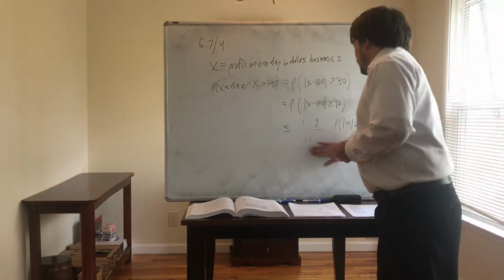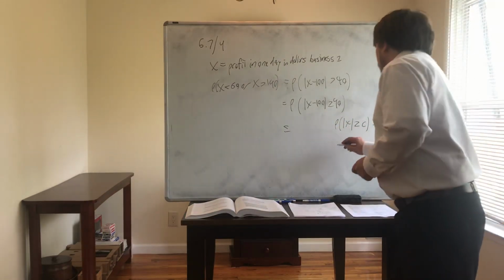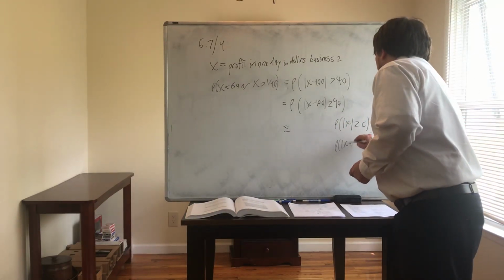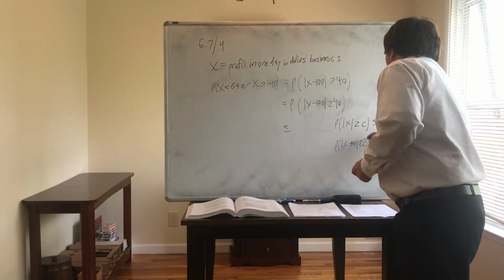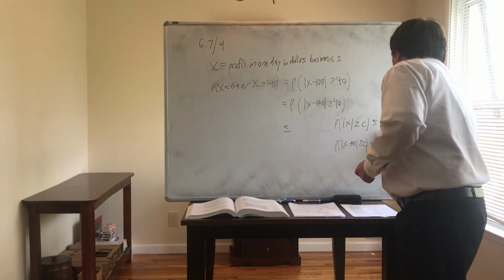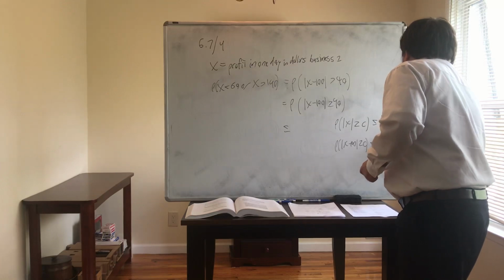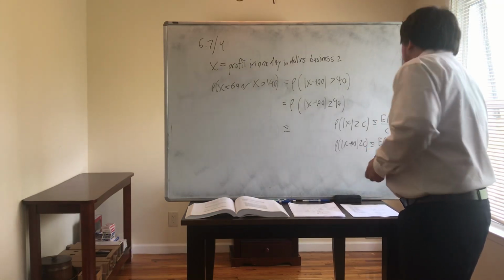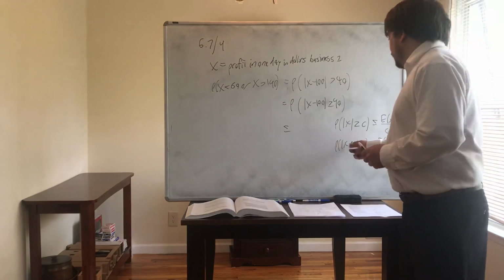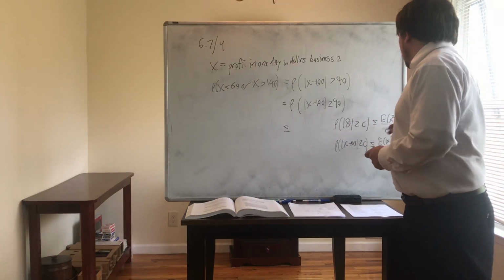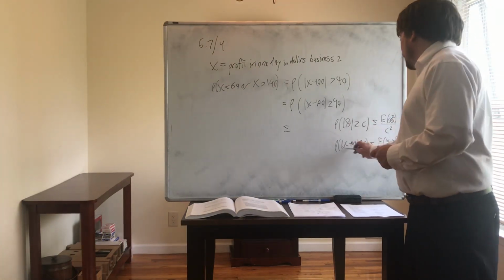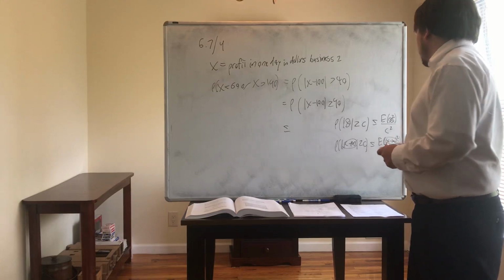What we have here is that the probability of the absolute value of X minus 100 is greater than or equal to c is less than or equal to E of X minus 100 squared over c squared, because here you square X minus 100.